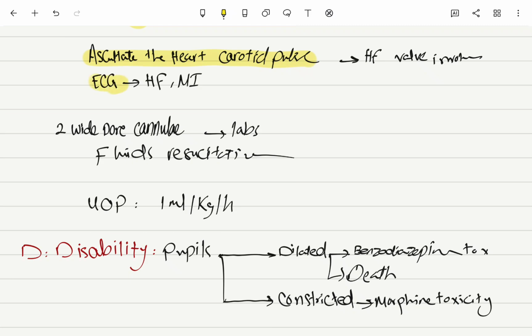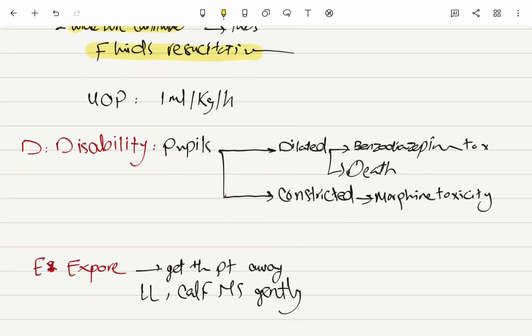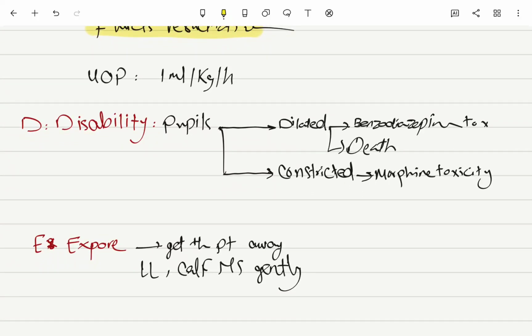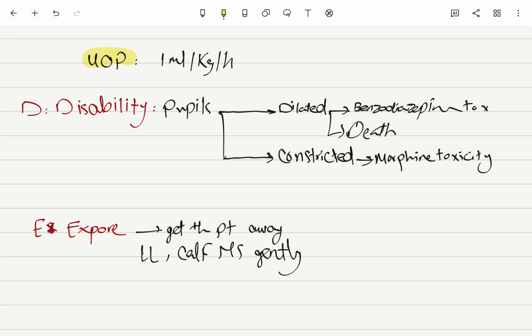I will do ECG to exclude MI. If there is affection of the circulation, I will use 2 wide bore cannulae and start fluid resuscitation. And also urine output, one of the methods to assess the circulation. Okay.